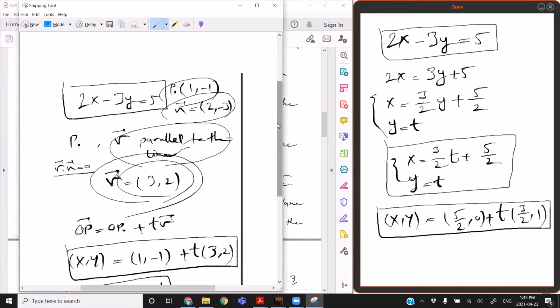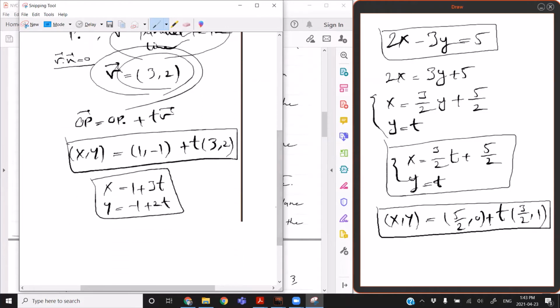So as you can see, the vector equations look different. Here we have this point, here we have this other point, here we have the vector 3, 2, here we have 3 over 2 and 1. They look different, but I want to show you that these are the same thing.